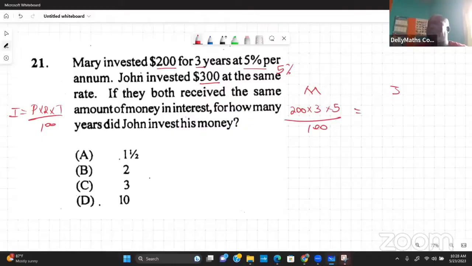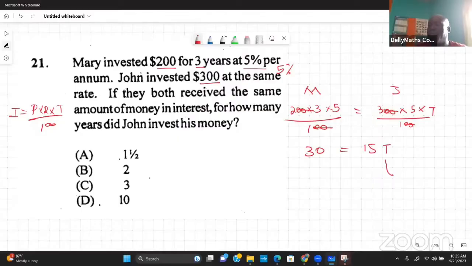And this should equal to, for John, 300 times the 5 times the T. We don't know what the T is, over 100, because they're asking us for the time. So what we want to do is to break this down. Look, we're canceling. On the left side, you're having 30, and on the right side, you have 15T.